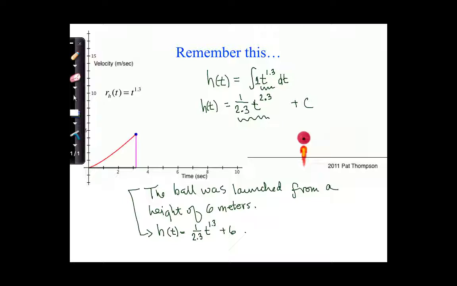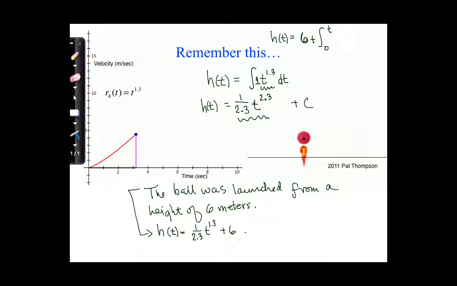The ball was launched from a height of 6 meters, and then after that is when it started using this rate. If I wanted to write h of t in open form, I say, well, h of t starts at height 6 at time 0, and then after time 0, onward till whenever, it accumulates at this rate here.